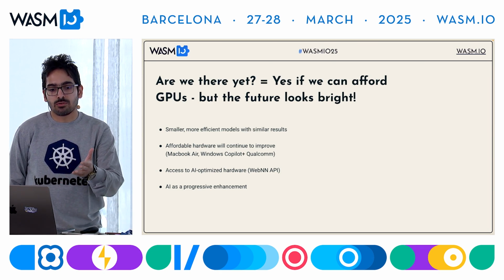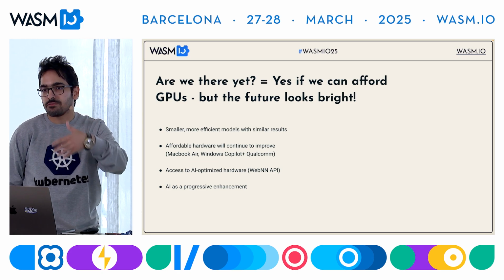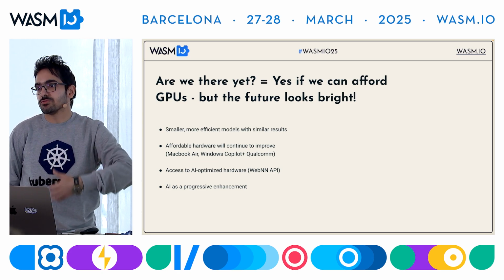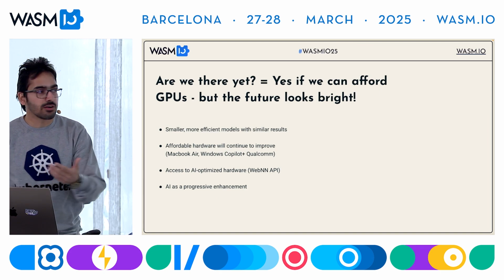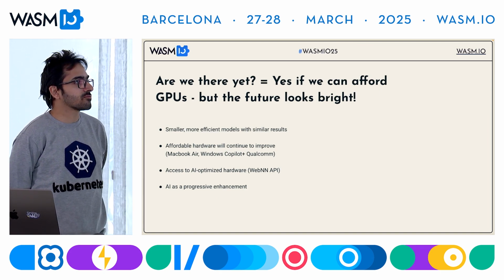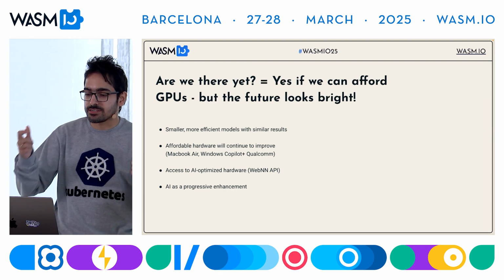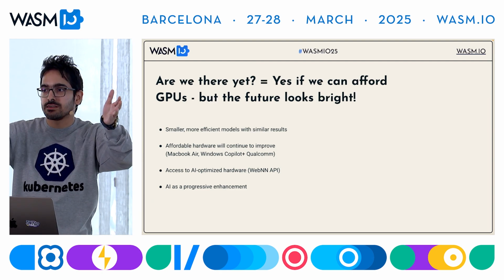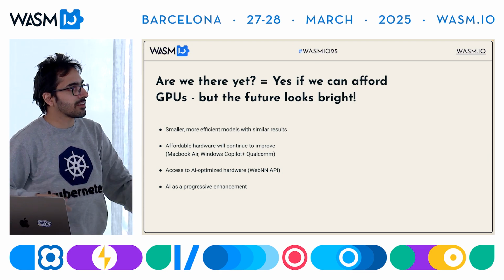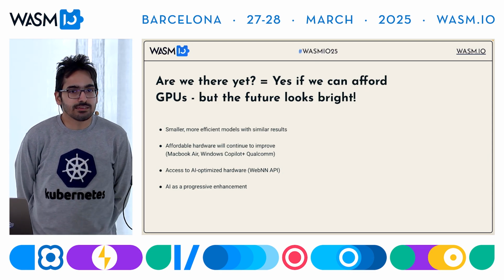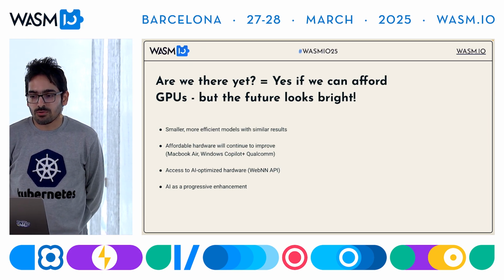We have more and more announcements from NVIDIA and different organizations on how they are coming up with better GPUs, better accelerators within the day-to-day hardware that you are using. And then access to AI-optimized hardware, WebNN, like he was showing in one of the diagrams, that automatically handles whether you are using WebGPU, WebAssembly combination, and stuff like that. And yeah, AI is evolving, hardware is evolving, and we'll see more and more of these things.